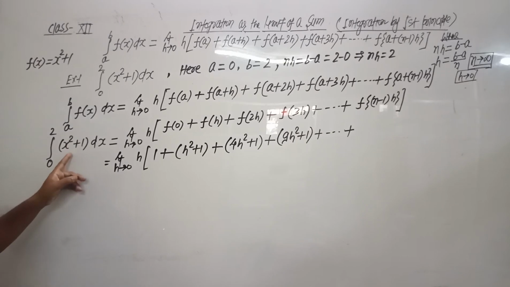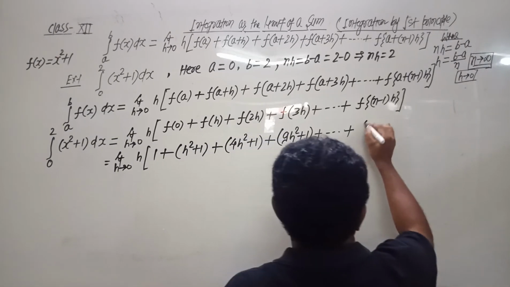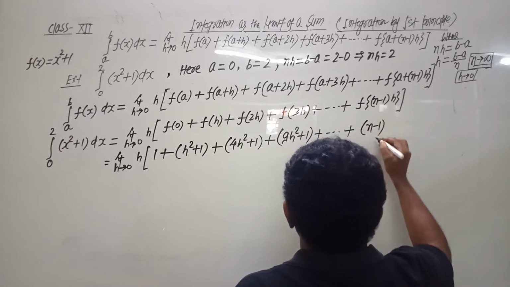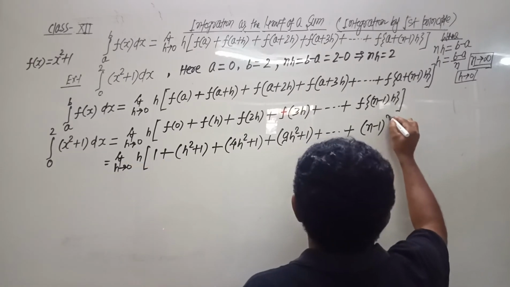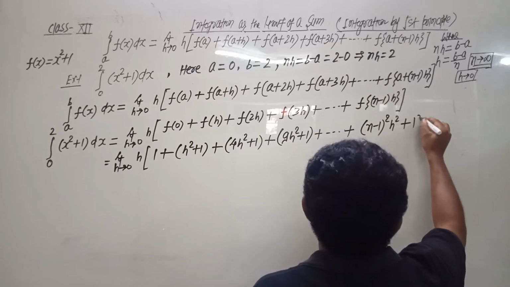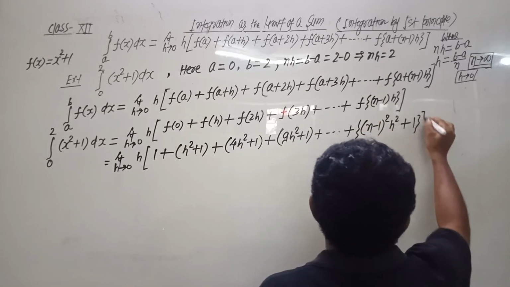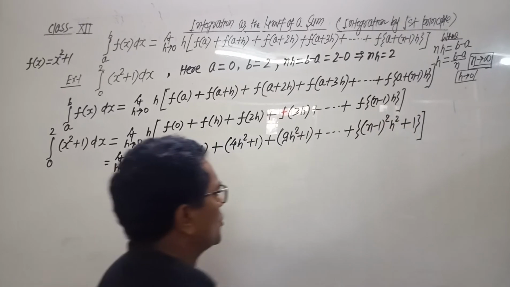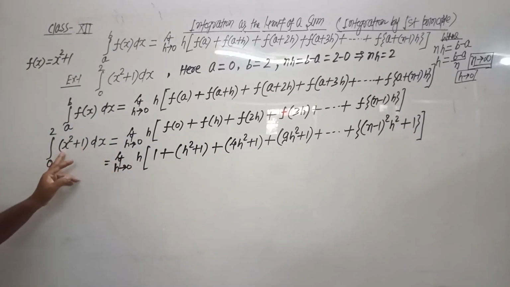At the place of x, we put n minus 1 h, so it becomes n minus 1 the whole square, h square, and plus 1 will be written as it is.